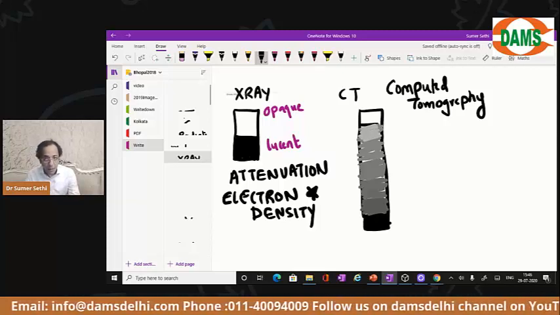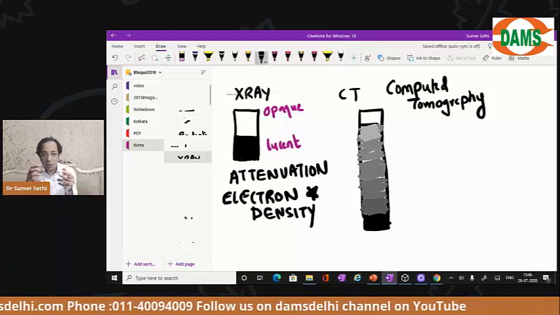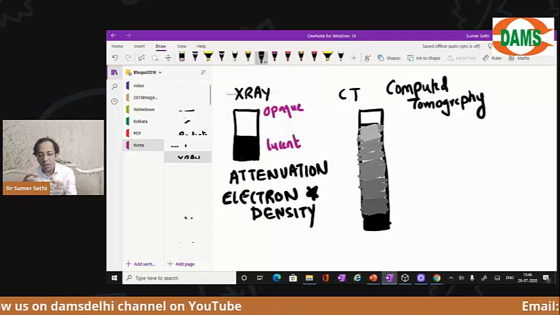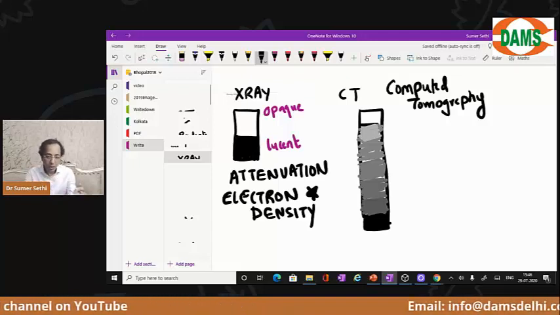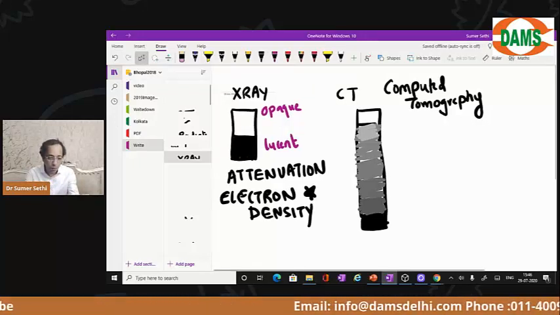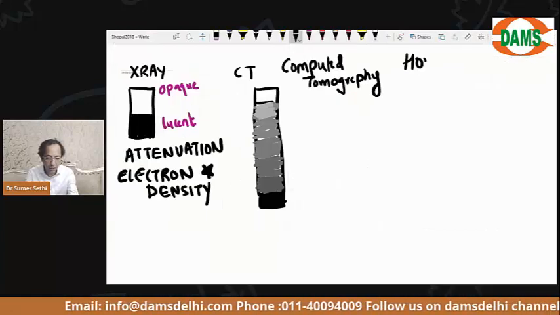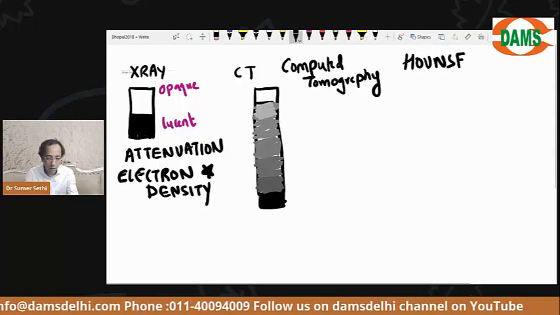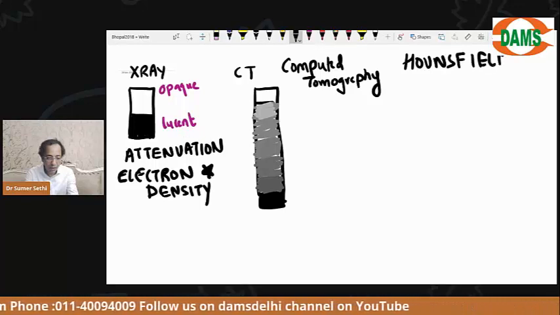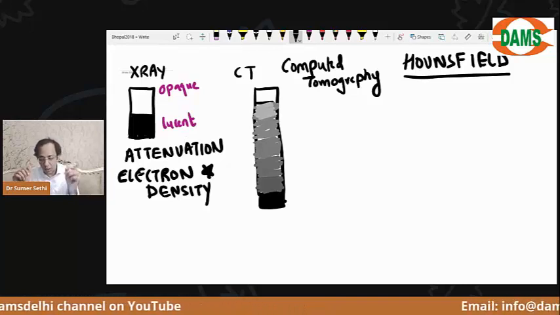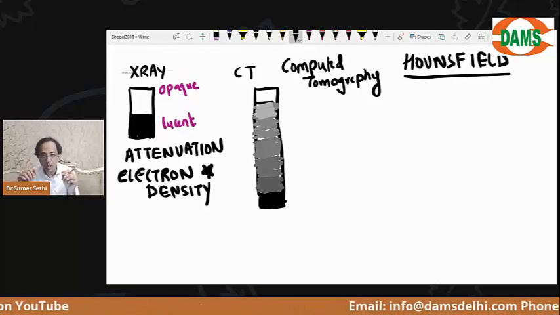See, on a CT scan, because we are using a computer, we have an ability to demonstrate multiple shades of gray. So there was a man who made the first CT scanner. His name was Hounsfield. The first CT scanner was made by a man called Hounsfield. So Hounsfield, what he did was, I want everybody to listen to me.